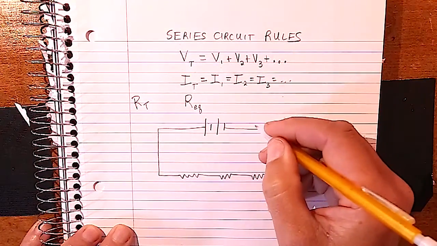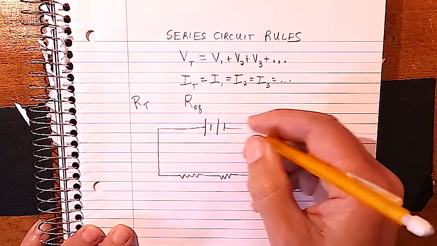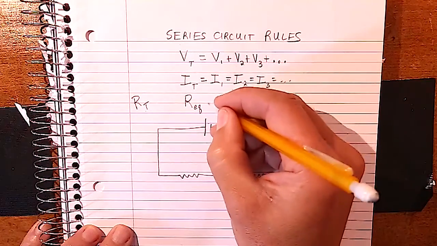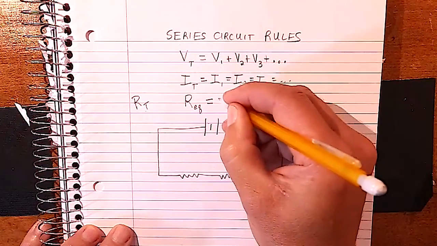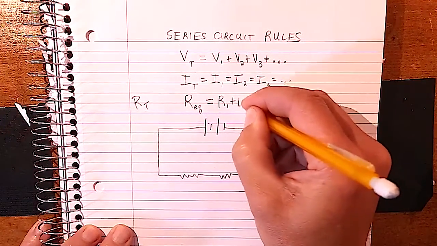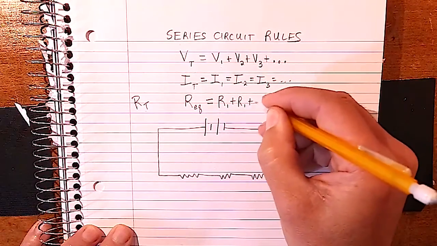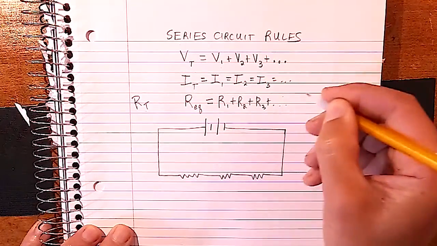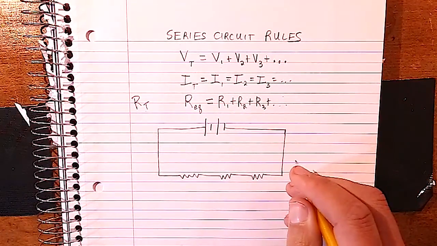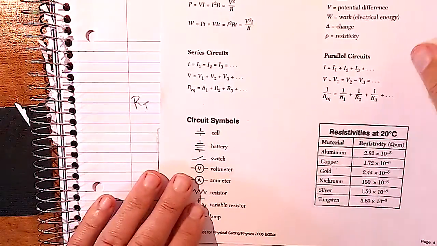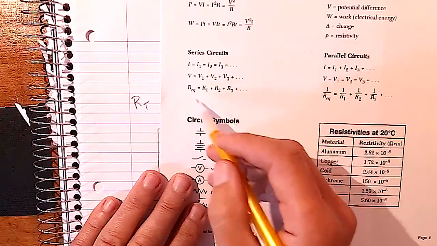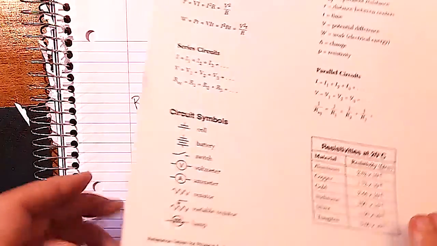So in some of these problems, I might end up writing RT. But R total or R equivalent is the resistance of the whole circuit taken at once, and that is equal to the sum of the resistors: R1 plus R2 plus R3 and so on for each of the resistors. You can see these formulas right here, and they give them to you not in the same order, but you don't have to memorize them.